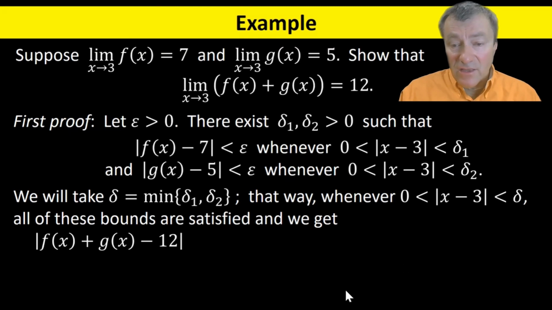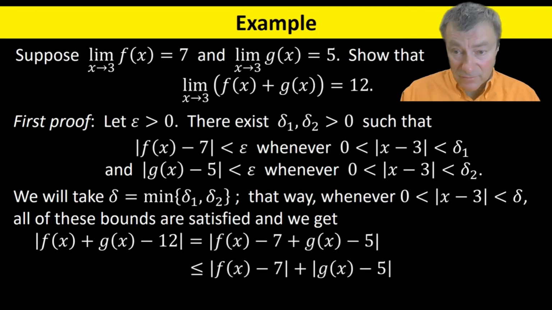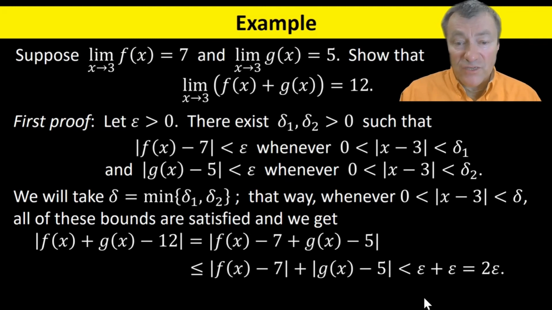From that, how do I get the conclusion, which is about f of x plus g of x? Why should that be close to 12? And here's where we use the triangle inequality. To split up, our distance is bounded by these two terms, both of which we have bounded separately. The bounds in each case are epsilon, and we add those and get twice epsilon.